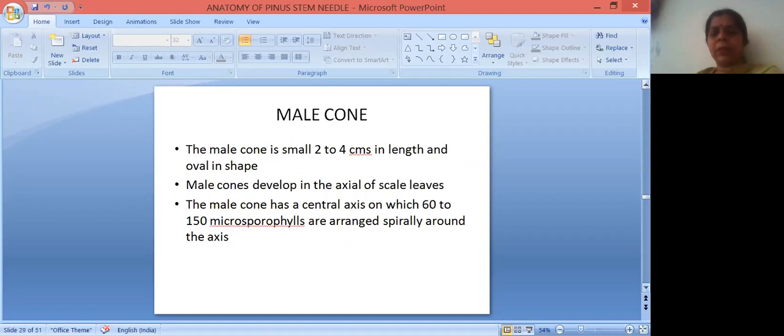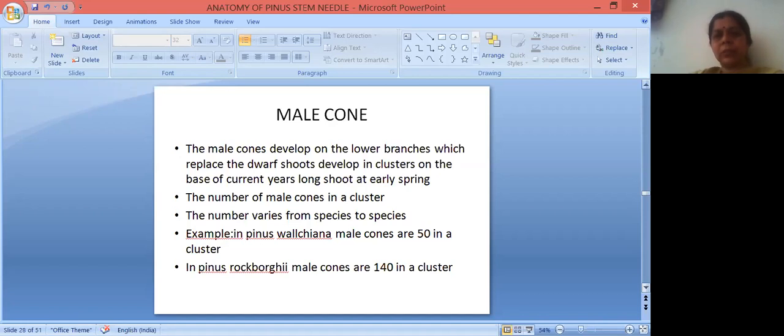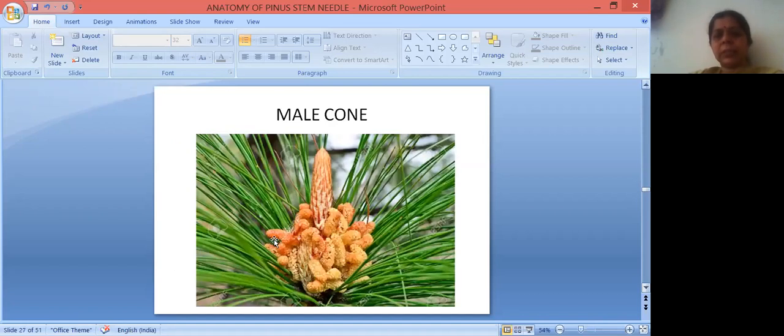Now coming to the male cones. If we see the male cone structure, it is a stout and compact aggregate structure. Look at this. This is a single male cone. Like that, several male cones are formed in a cluster.